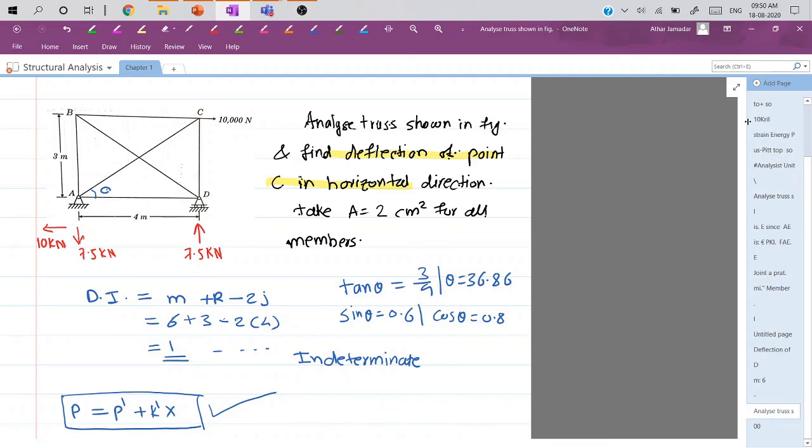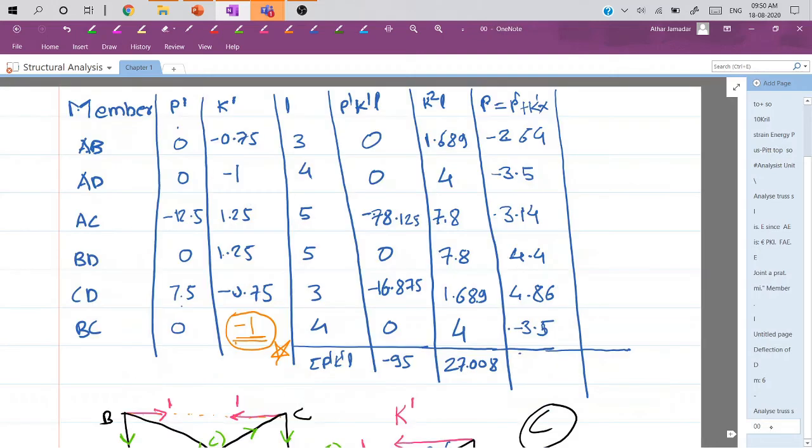Again we have to apply a unit load in the horizontal direction at joint C. For that we would have to find all the member forces for each and every member, but fortunately our given load, our analysis, is only for the force at C. So if you divide all the forces in this table by 10 kilonewton, you will get the result. This is nothing but your analysis of the truss for indeterminate analysis.